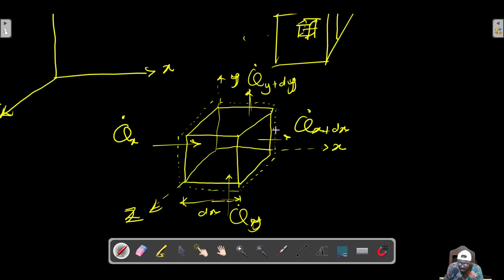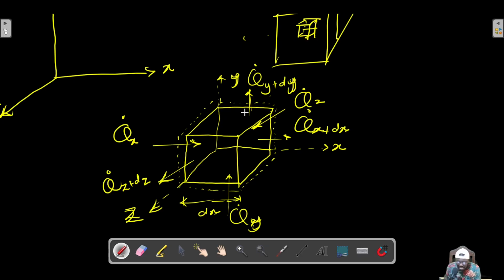Now the same thing applies to the z-axis. Let's say my heat flow is along here, entering my infinitesimal volumetric element as Q z dot. When it leaves the volumetric element, it leaves as Q dot z plus dz.